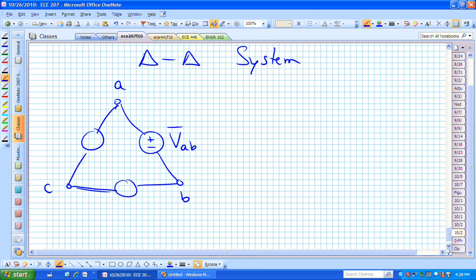So here's my sources, and here's V sub BC, and which way do you think the polarity goes? If this is now V sub CA, what's the polarity marks in that source? Which polarity mark goes higher on the page? We have a 50-50 chance, or is it none of the above?